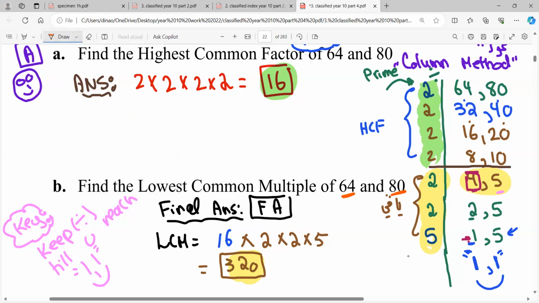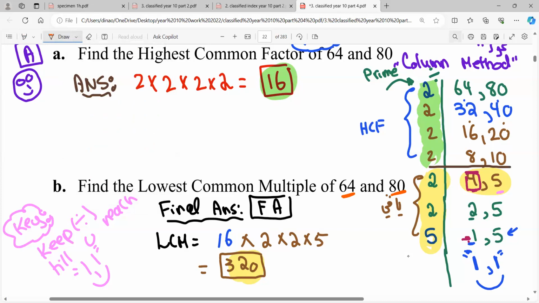This is just for you to understand. تمام؟ So this is type A of questions, which اللي هو very numerical, and we use the عمود as you can see to find the HCF, and you can use the same عمود to find the LCM.